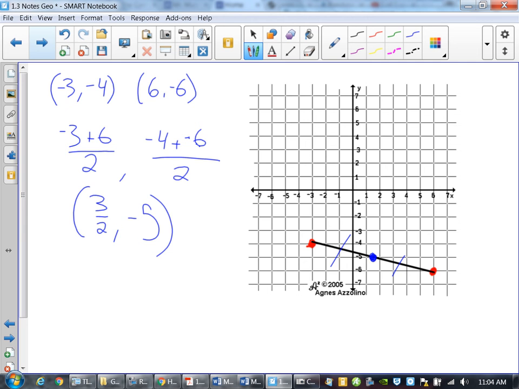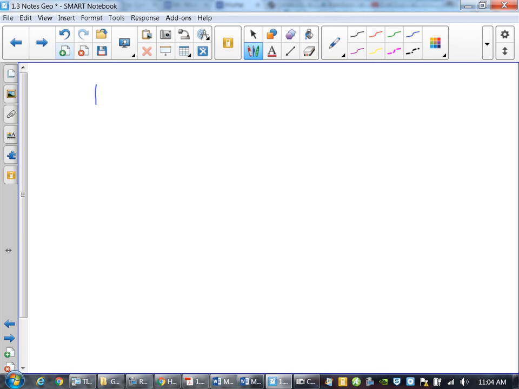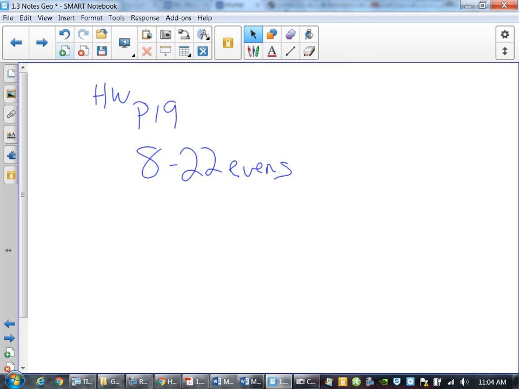There you go. What I want you to do tonight, I believe this is page 19 in the book. Let me double check that. Yep. I'd like you to do numbers 8 through 22 evens, please. It's a couple of algebra problems, a couple of midpoint problems, nothing crazy.